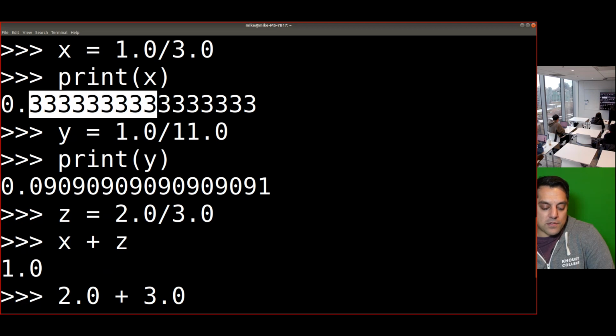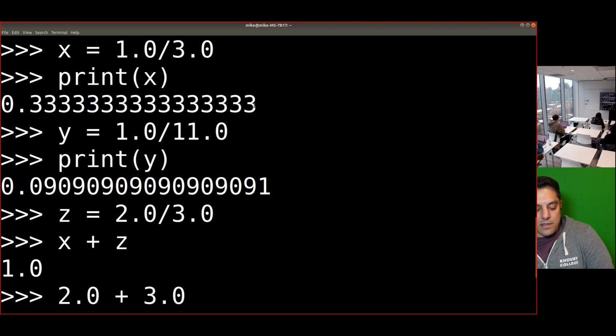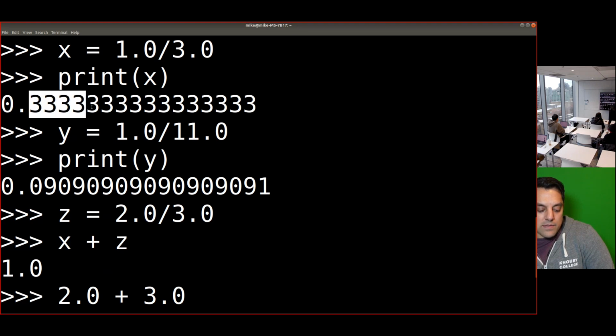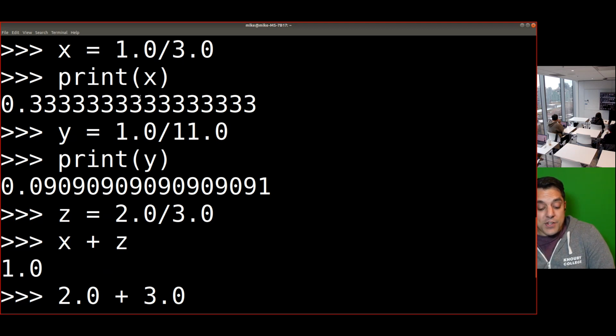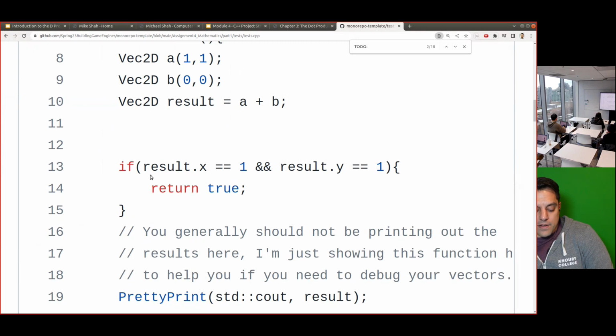So even this 0.333333, right? If I added up 3 of these, do I get 0.9999, or do I get 1 back? The computer sort of has to make a decision on these things. So that's the issue.